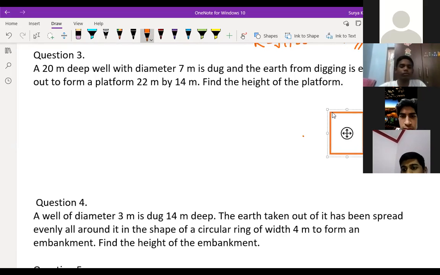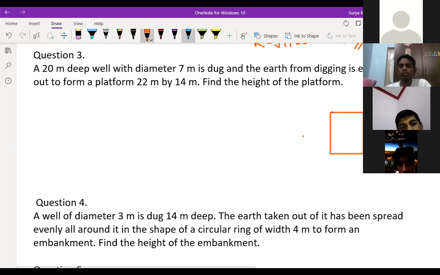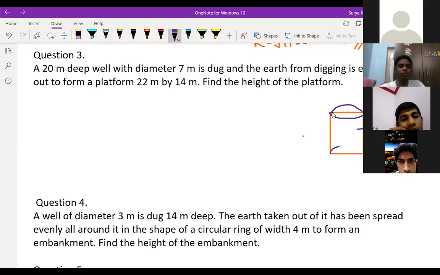This well has diameter 7 meter, so radius is 7 by 2 meters. This is a well, 20 meters deep. So height is equal to 20 meters.